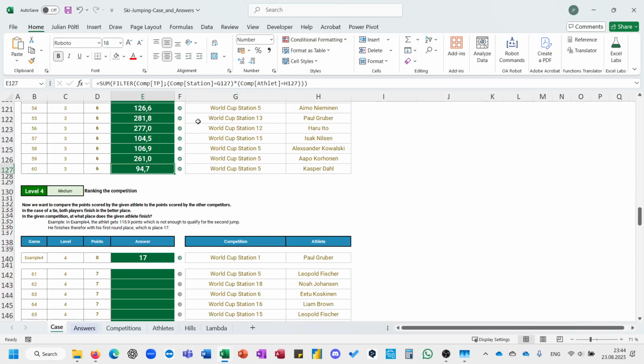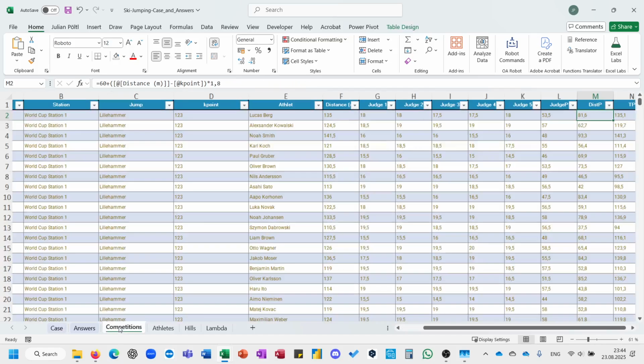Here we want to have the points compared to other competitors. And I will not do this single cell.